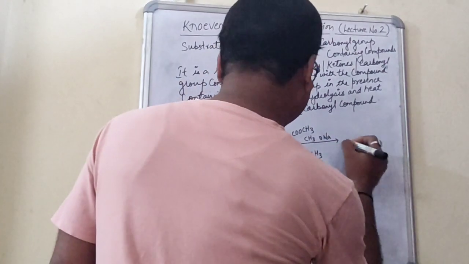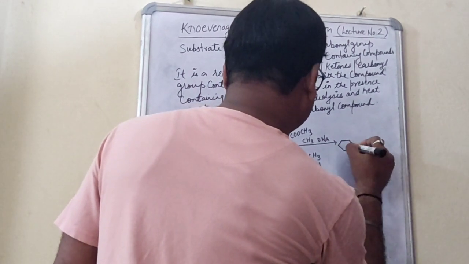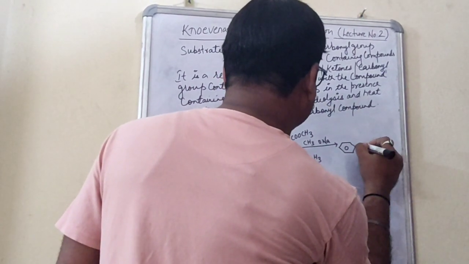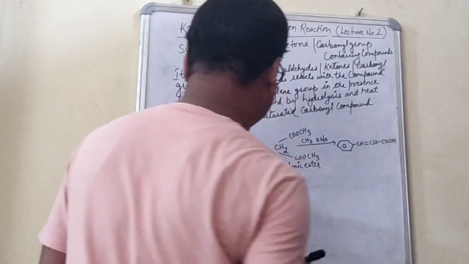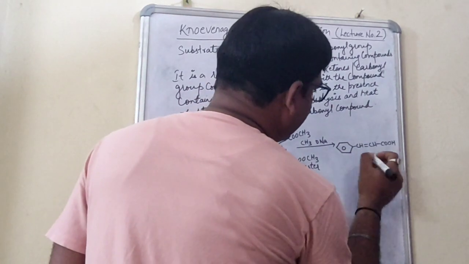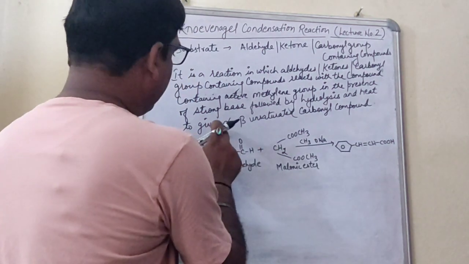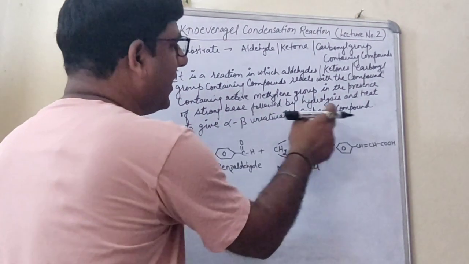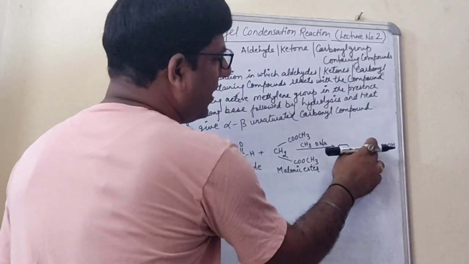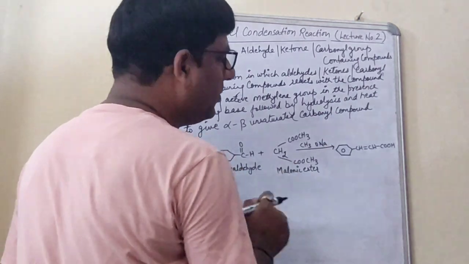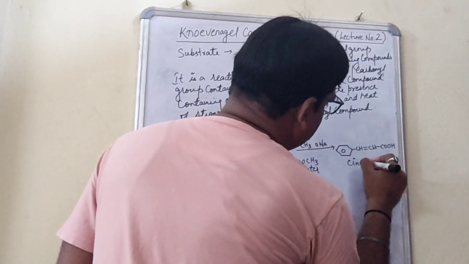It will give you the compound CH=CH-COOH. And the name of this compound is what? You know, this is the alpha and the beta carbon, so there is alpha beta unsaturation. What is the product? It is the alpha beta unsaturated carbonyl compound. So this is the alpha position, this is the beta position, and there is a double bond. The name of this compound is cinnamic acid.